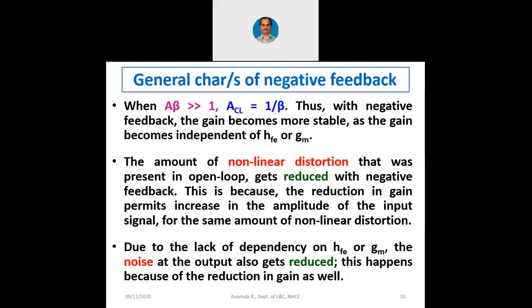Now let me come back to the amplifiers. In the amplifiers, if there is noise coming along with the input signal, that noise can be filtered to some extent by making use of filters. You are going to study about filters in detail in other courses such as digital signal processing or analog communication subjects.